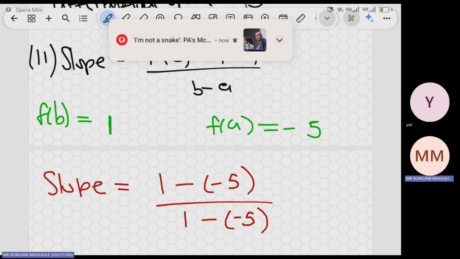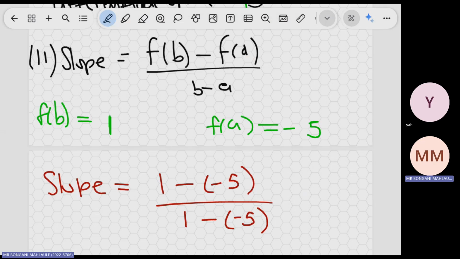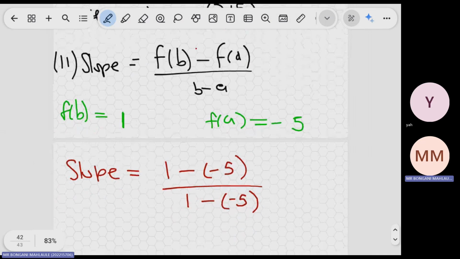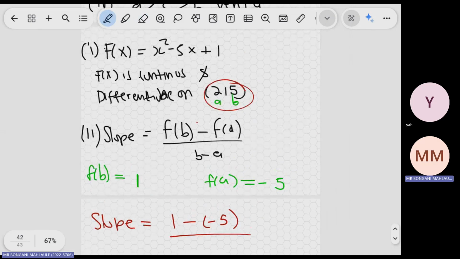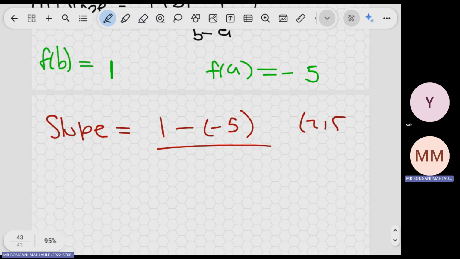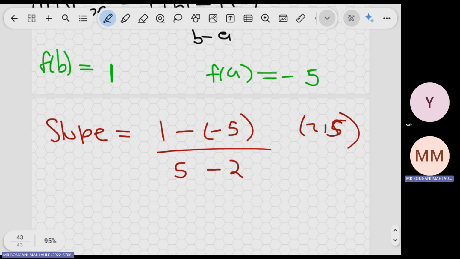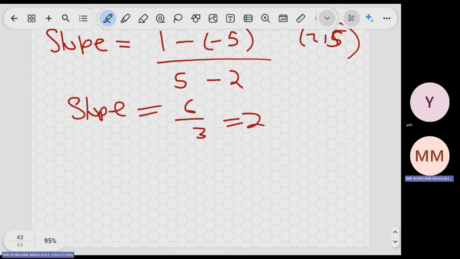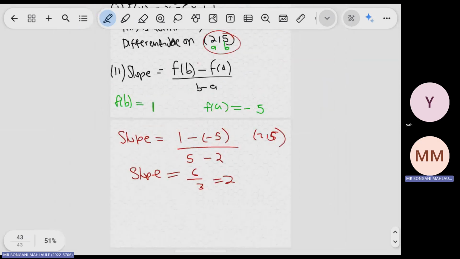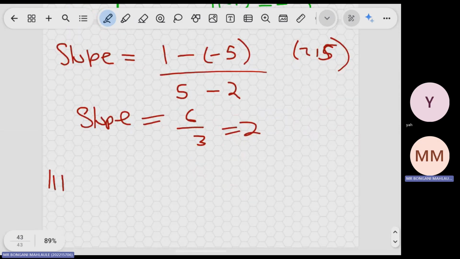Is it that I made a mistake? No, my b is 5. Remember, we're given 2 and 5. My b is 5, my a is 2. And then you'll have 6 over 3, which is just 2. So our slope exists. Now go to the third condition.